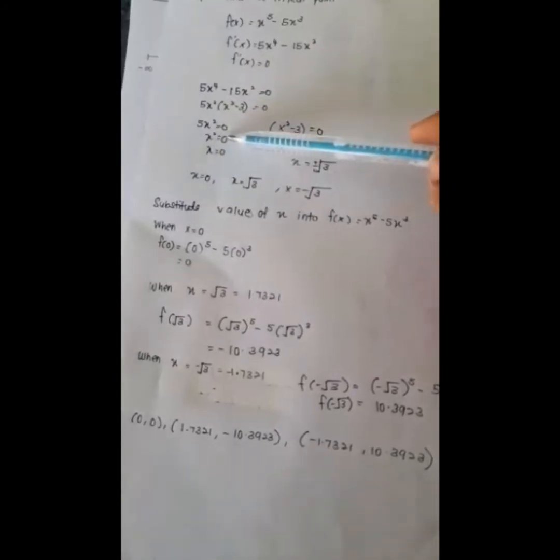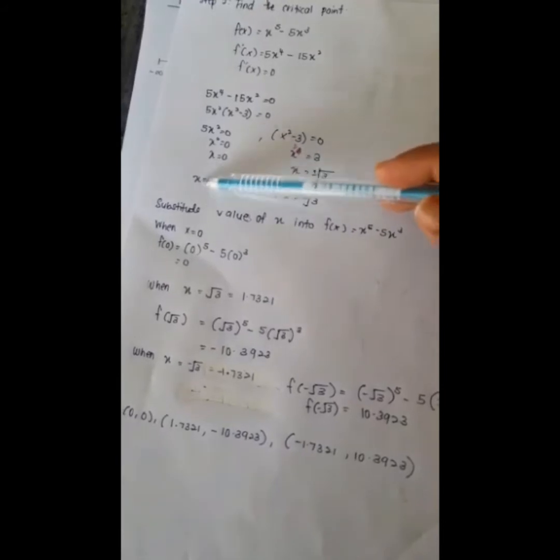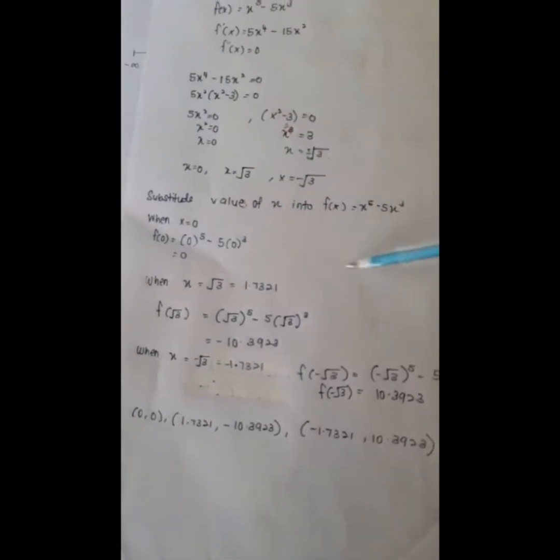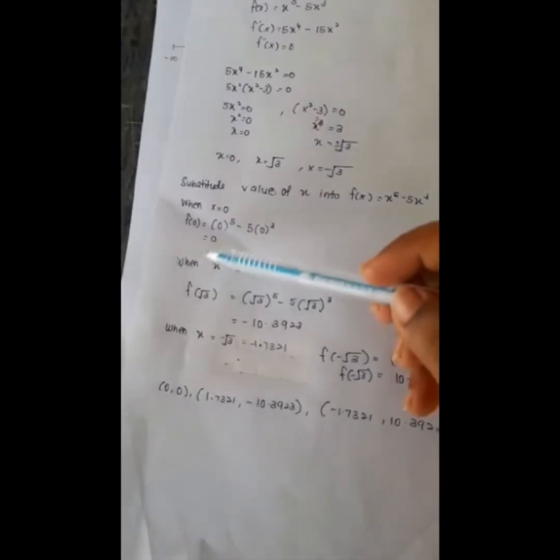So x square equals 0, we will get x equals 0, and x square minus 3 equals 0, we will get x equals plus or minus square root 3. Okay, and we will get 3 values, which are x equals 0, x equals square root 3, and x equals negative square root 3. After that we have to substitute these x values into the function given. So when x equals 0, our f(x) is also 0.